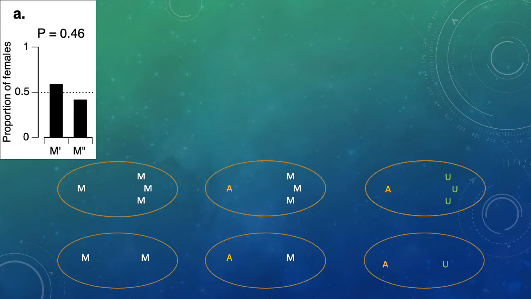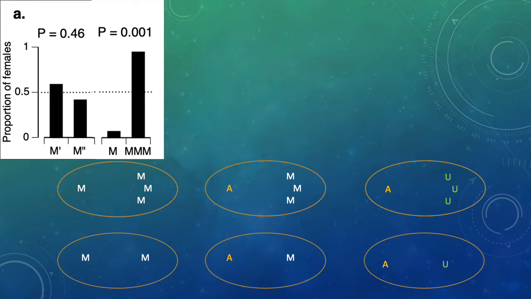As I said, we expected 50-50 in the mean versus mean control trial, and that's exactly what we saw here. The proportion of females there is 0.5, the null, no preference. In the 1 mean versus 3 means, however, we see an overwhelming preference for those clustered males.